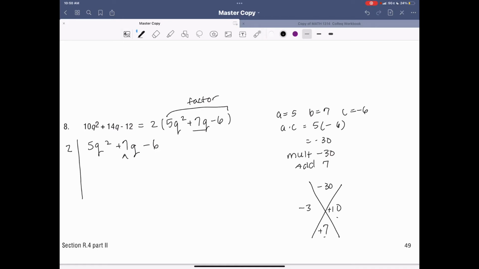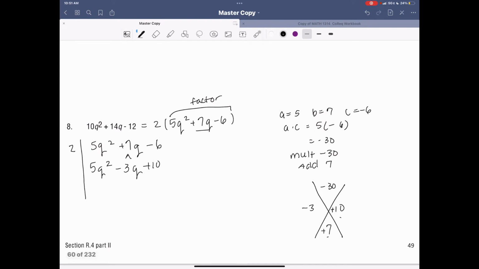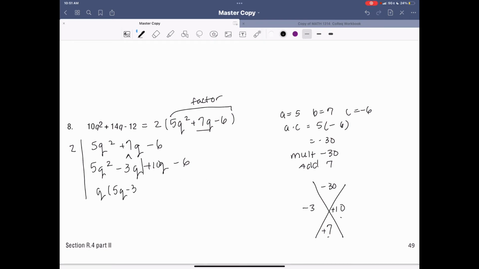I'm expanding the 7: 5q squared minus 3q plus 10q minus 6. The first half is going to be q, which is 5q minus 3. That's my GCF. And then my second GCF is going to be 2. So I'm left with 5q again minus 3.